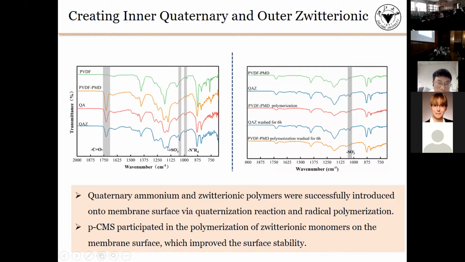We also can find from 1044 cm^-1 the sulfonic acid group from the third step.